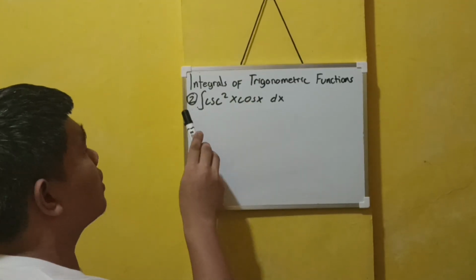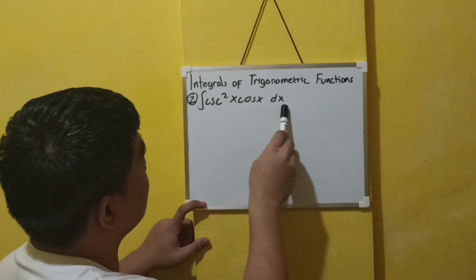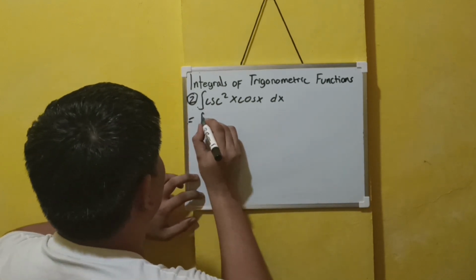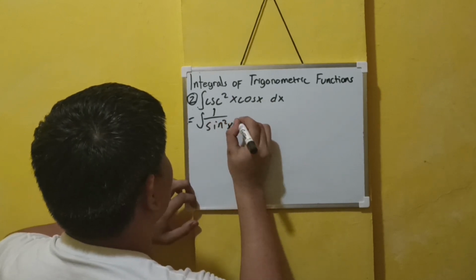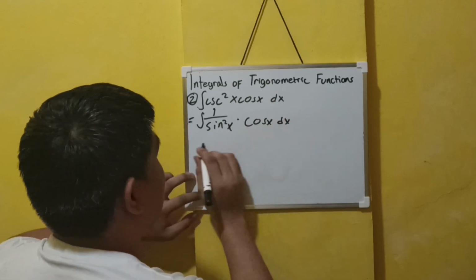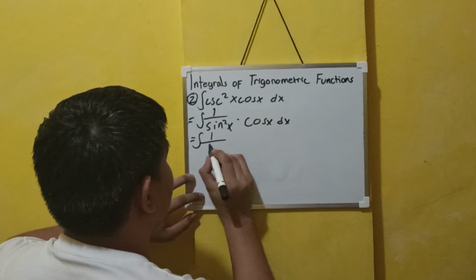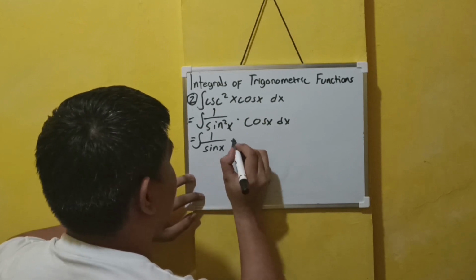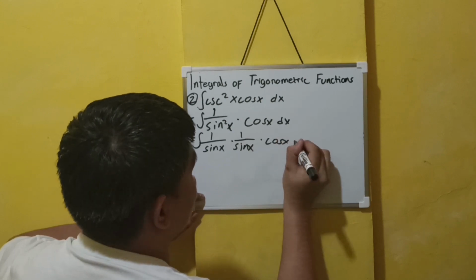For our second example, we have the integral of cosecant squared x cosecant x dx. Let's simplify them first. Cosecant squared x is also equal to 1 over sine squared x. Then, let's copy cosine x. Next, let's expand this. So we'll have the integral of 1 over sine x times 1 over sine x times cosine x dx.